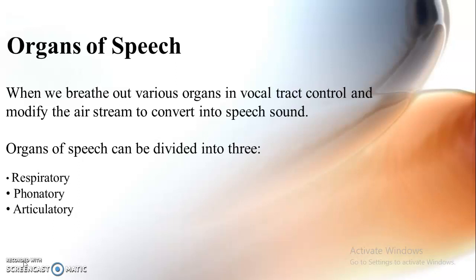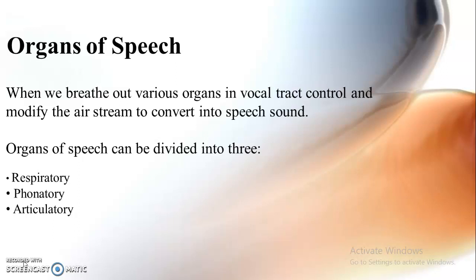Now, these organs are called the vocal organs or the organs of speech. The production of speech sounds is not the primary function of these vocal organs, as they are used for more important tasks such as breathing, eating, etc.